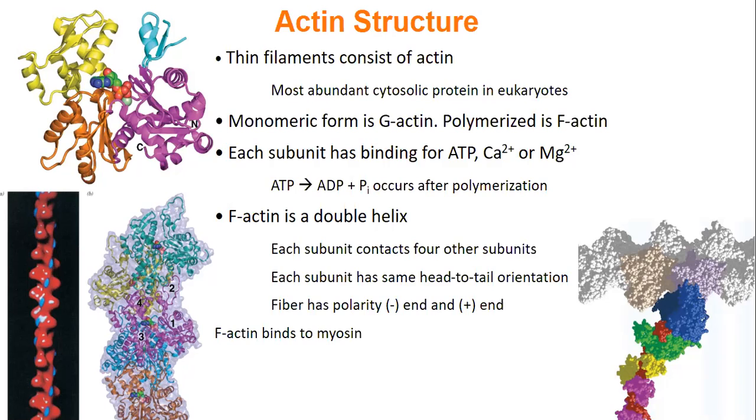But any questions about F-actin or G-actin or any of the information presented on this slide, any of the topics I just went over? F-actin is thin filament, correct.